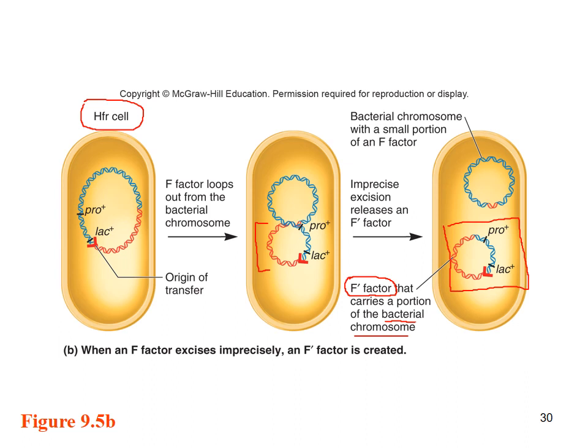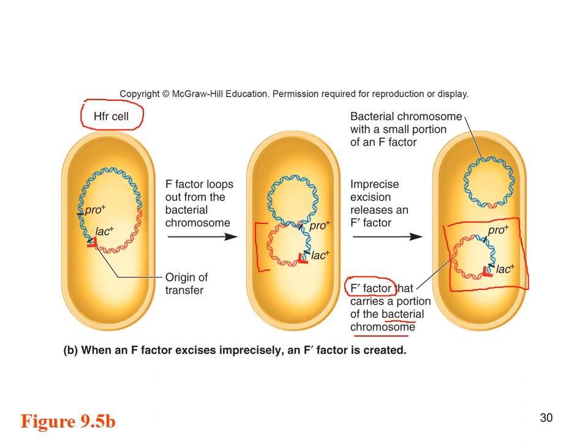An F prime factor is an F factor that has been removed from an HFR cell, and contains pieces of the original plasmid and pieces of the bacterial chromosome. I know it's a lot of F's to take a look at, right?